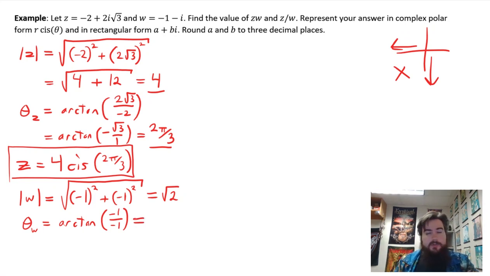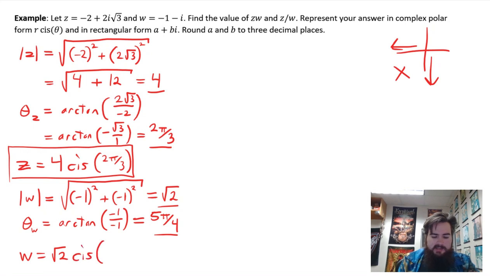And if I were to evaluate arctangent of 1, this is a ratio I should know. Arctangent of 1 would give me pi over 4. But the version in quadrant 3 that I would want instead would be 5 pi over 4. So we have both our modulus and argument for w. So w, therefore, is the square root of 2 times cis of 5 pi over 4.